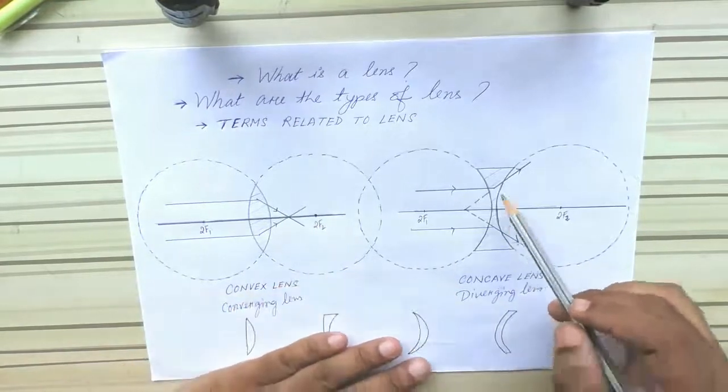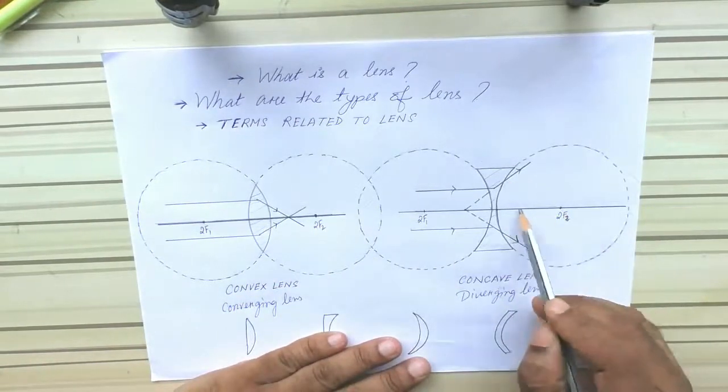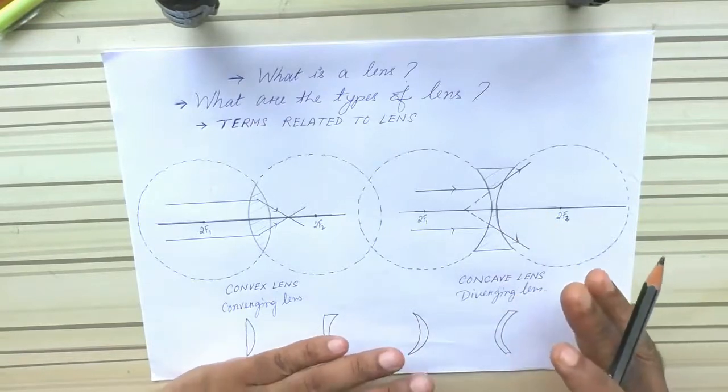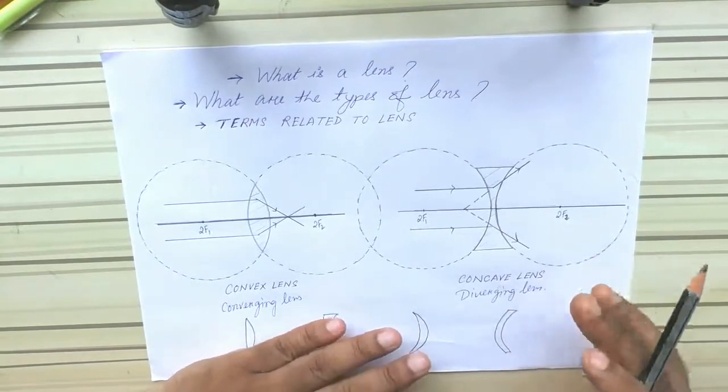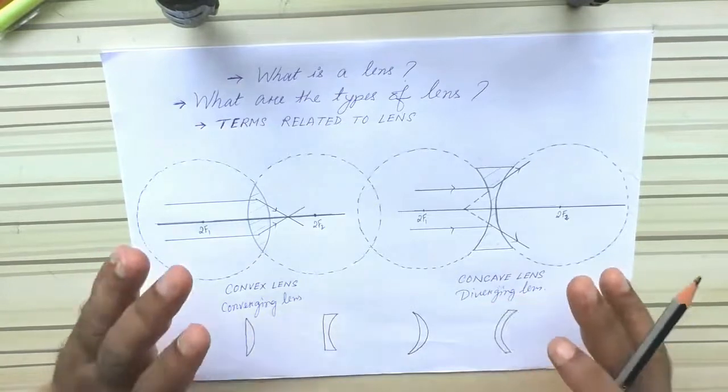Okay, so this sphere's center, and this radius, we will call the radius of curvature. Now the next term is principal focus.